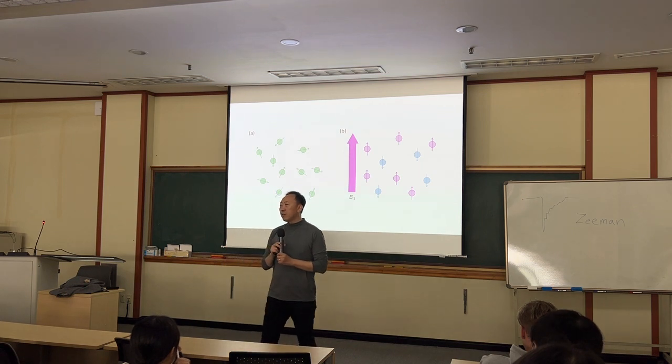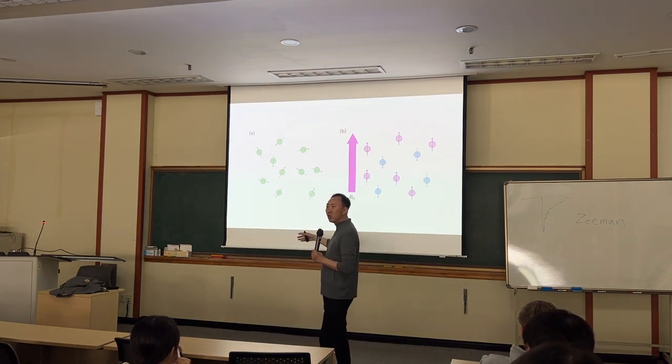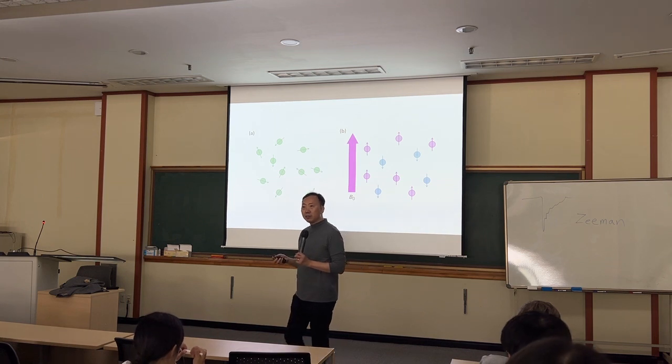This concept seems like, at least effectively, it's showing up everywhere. Electrons never stop. Electrons seem like they are always spinning, either this way or the other way. Two states exist.